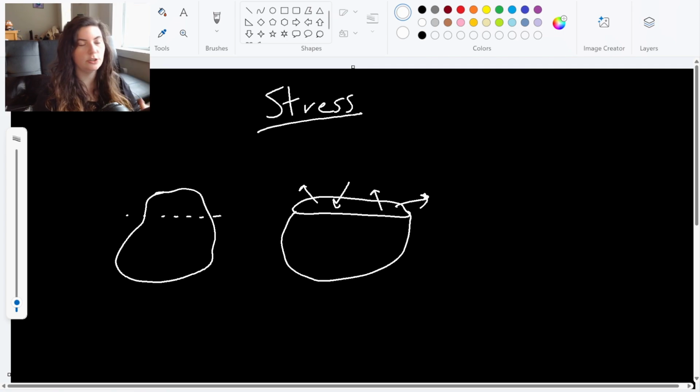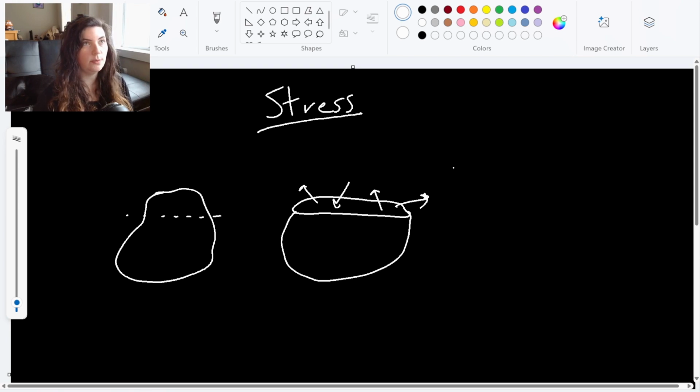So the shear, the moment, the torsion, all of those internal forces I can see when I make that cut through my body. And we can draw a free body diagram for that and actually calculate these forces. But stress is just the intensity of these forces.